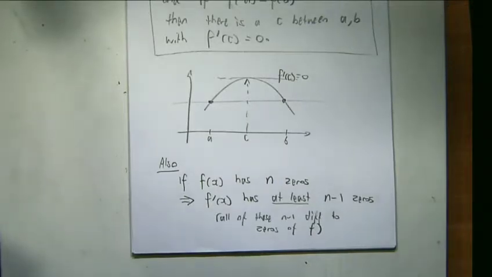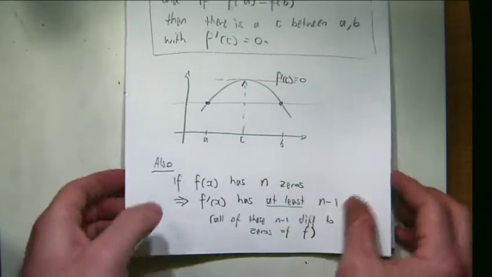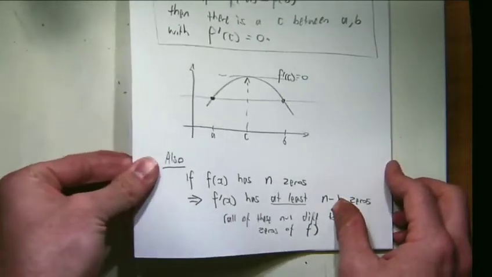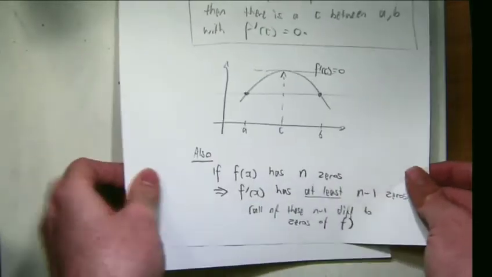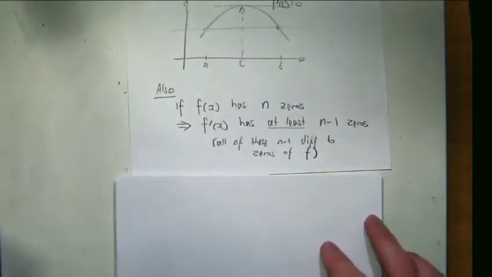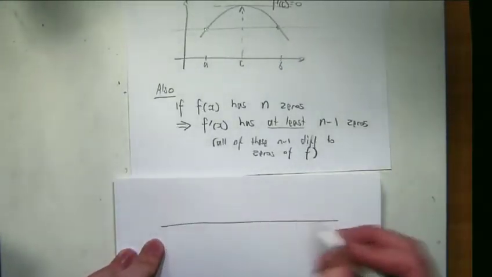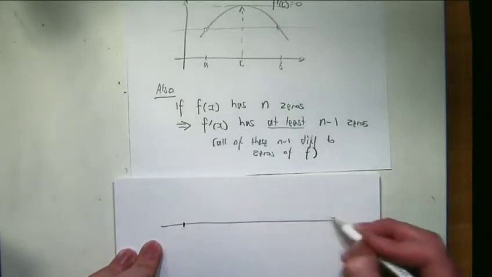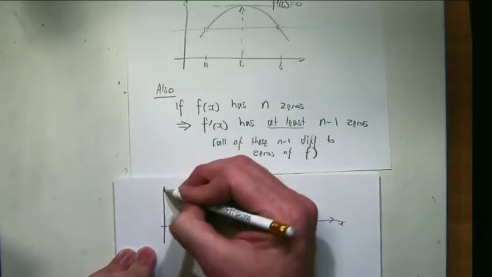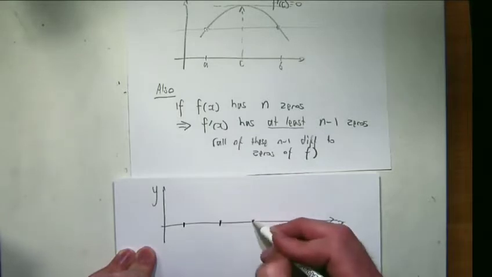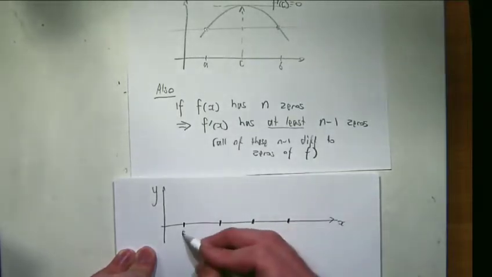Yep? Is it meant to be at most, not at least? No, at least. Definitely at least. And I'll explain why. Someone just asked, is it at most or at least, so for the purposes of the recording I'll explain why that's true. It goes like this. So f of x, this is the x-axis here, has zeros at maybe these places here.